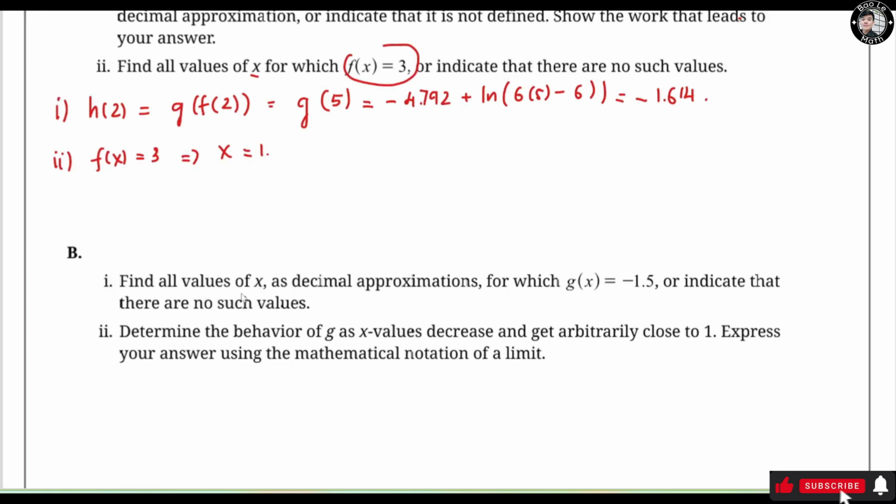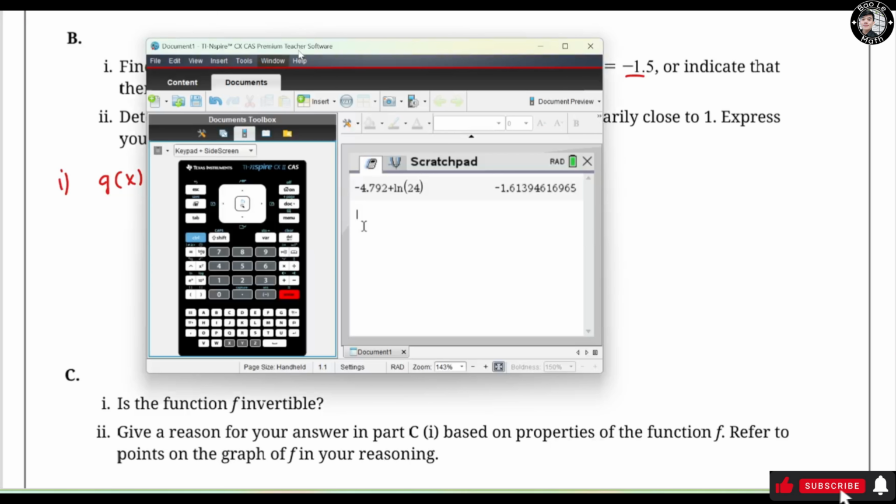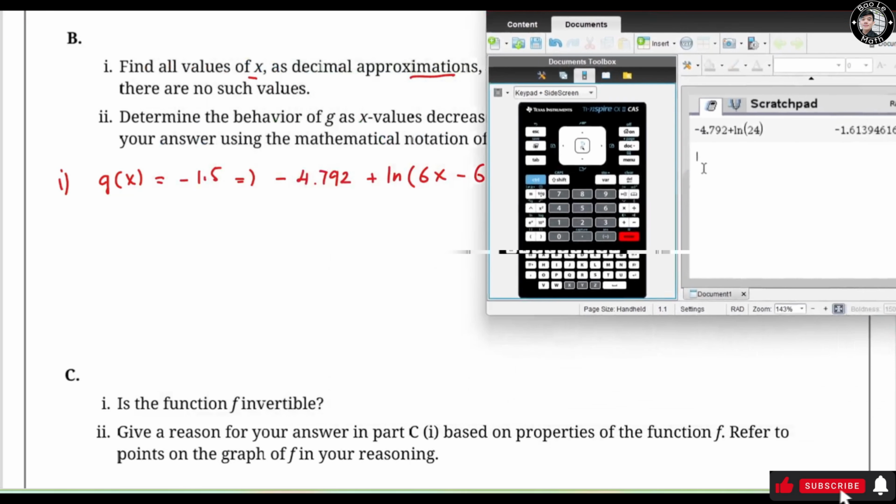B. Find all values of s as decimal approximation for which g of s equals -1.5. Alright, now we're gonna bring up the calculator and graph these two functions.